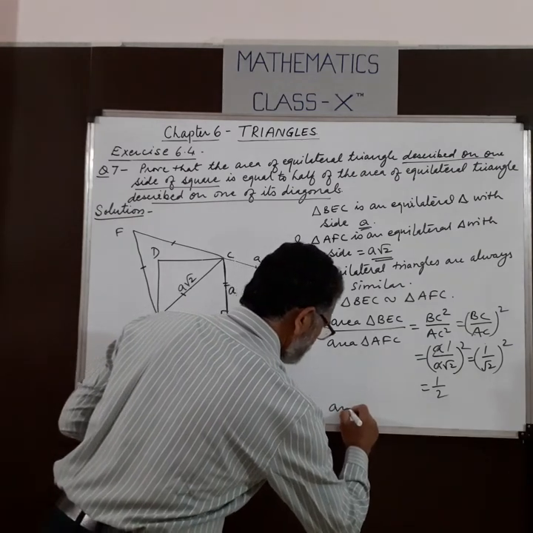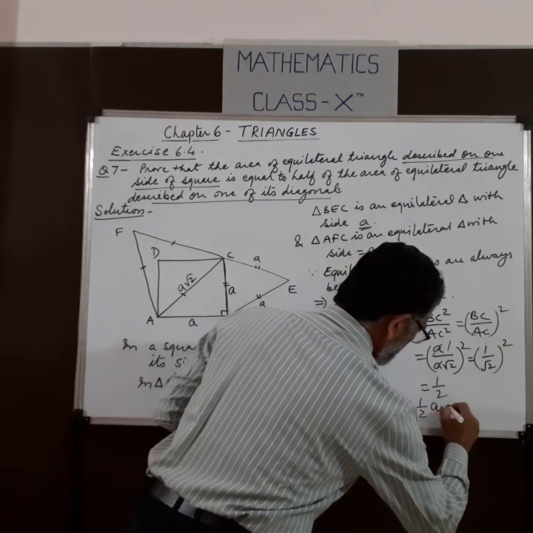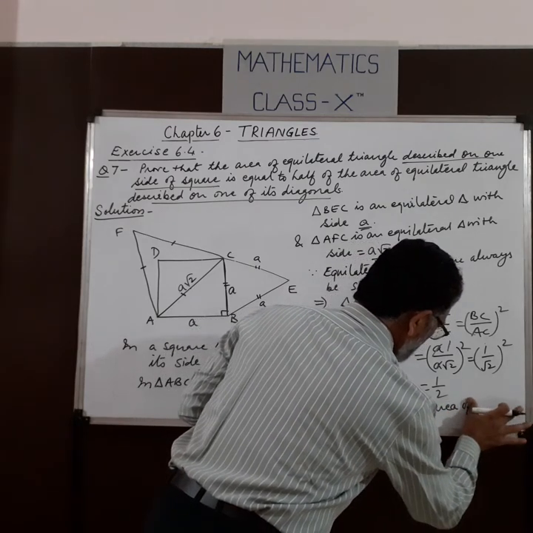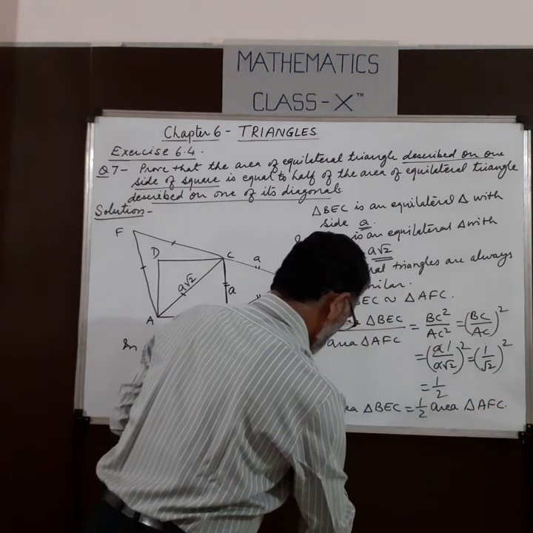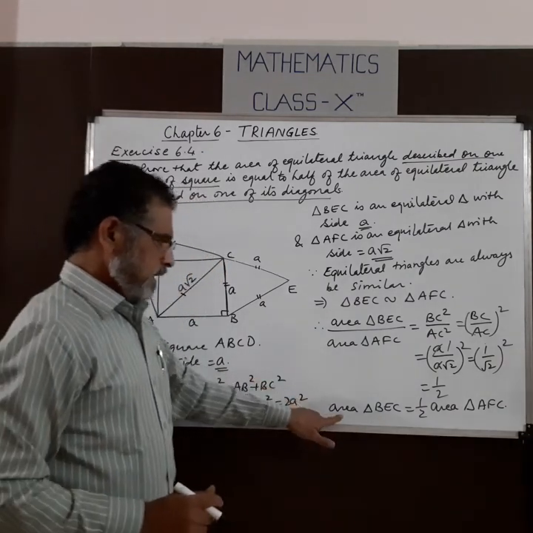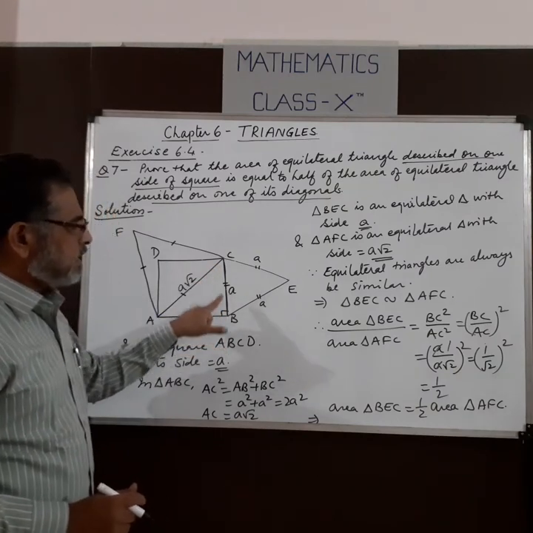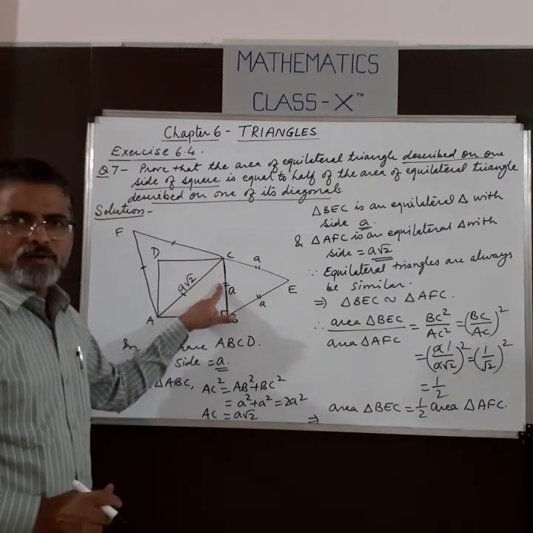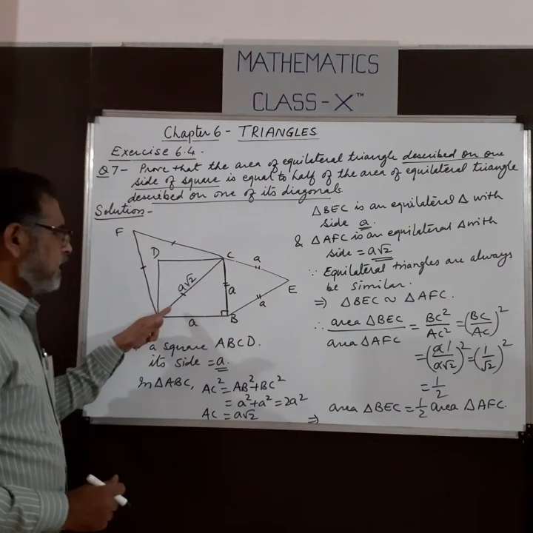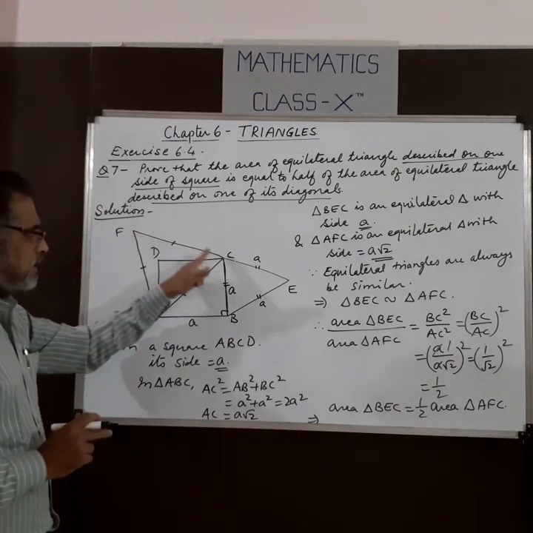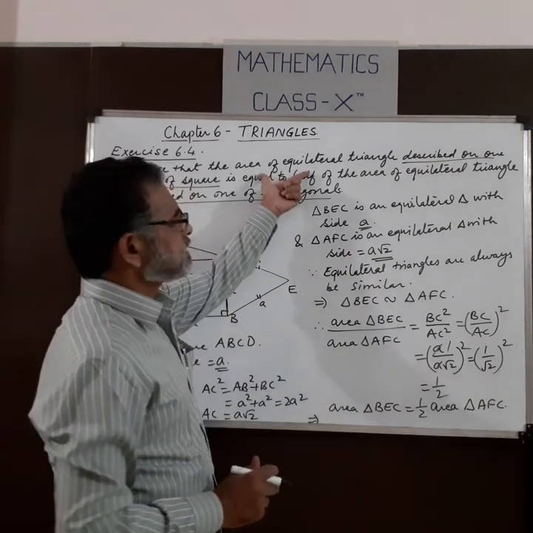So the area of triangle BEC is half of the area of triangle AFC. Now in words you can write: the area of an equilateral triangle described on a side of a square is equal to half of the area of the equilateral triangle described on its diagonal.